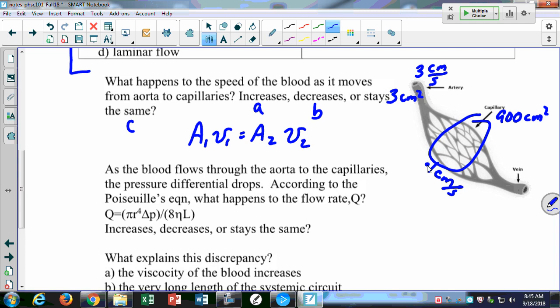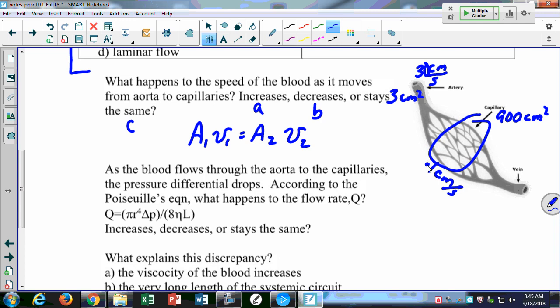The speed in the aorta is 30 centimeters per second, sorry. If you look at the product, 30 times 3 is 90. 900 times 0.1 is also 90. So we still have the same flow rate through the aorta and the capillaries, but a much decreased speed through the capillaries because the area is so much bigger.